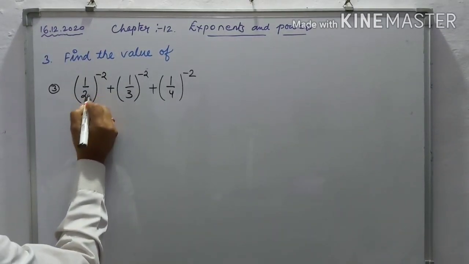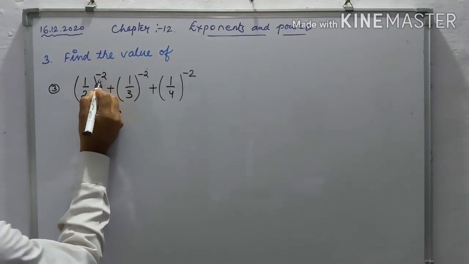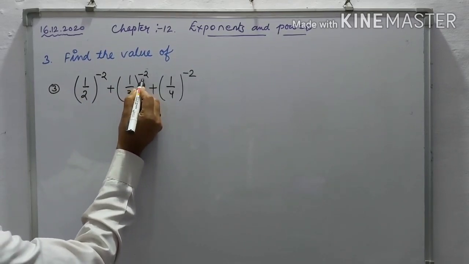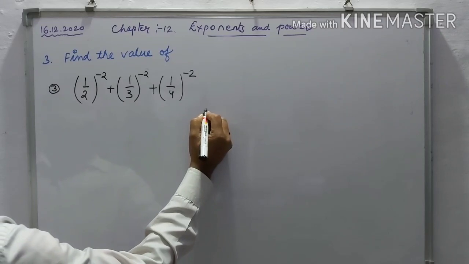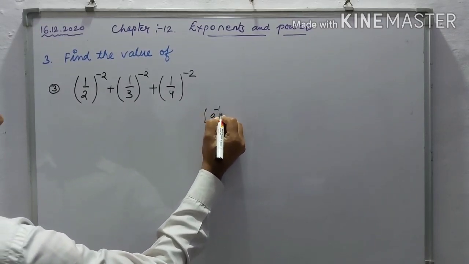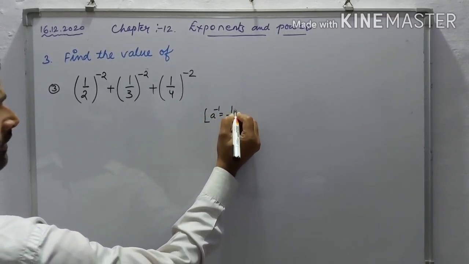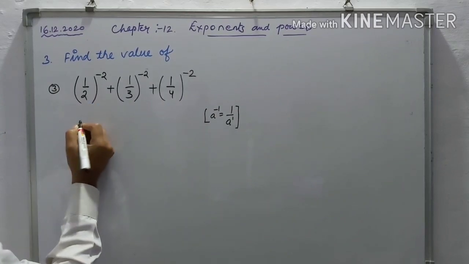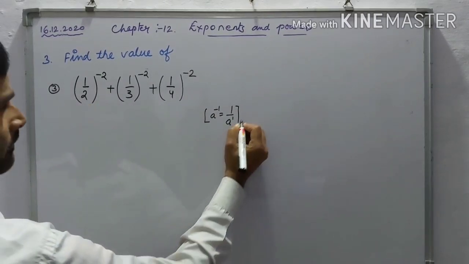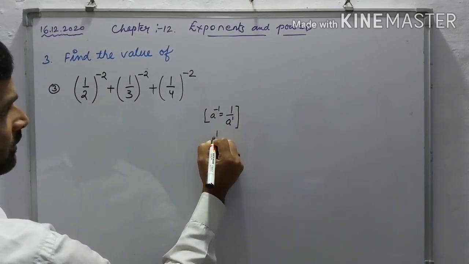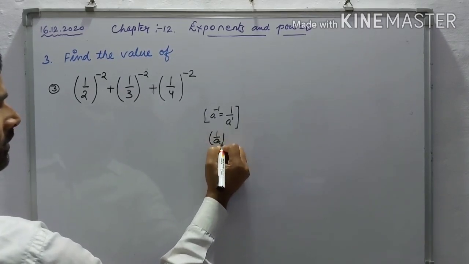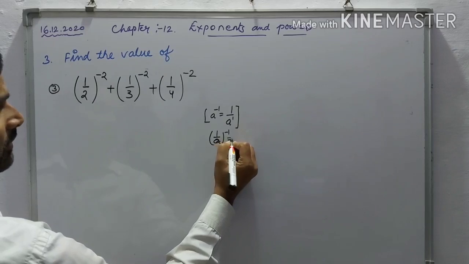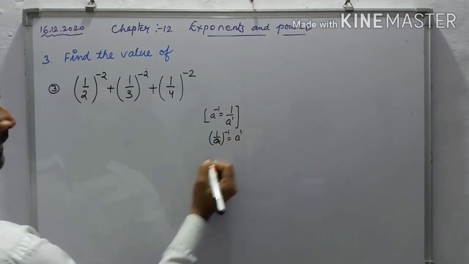Third is 1 upon 2 power of minus 2 plus 1 upon 3 power of minus 2 plus 1 upon 4 power of minus 2. Here we use the rule a power minus 1 is equal to 1 upon a power 1. So you write 1 upon a power minus 1 is equal to a power 1.